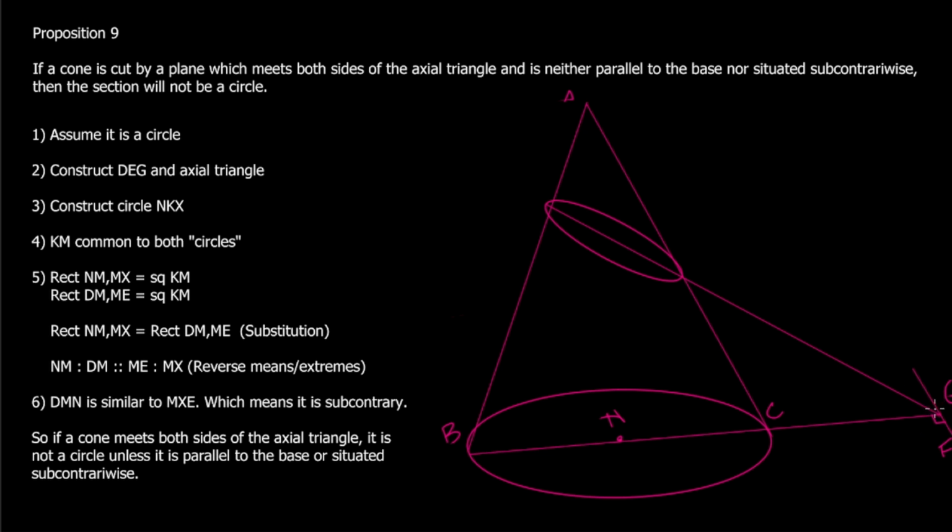So that means that this line is in the common section of the two planes, the one being the plane of the supposed circle and the other being the plane of the axial triangle. So that would mean that this is a straight line. So we're going to now label this D and this E.